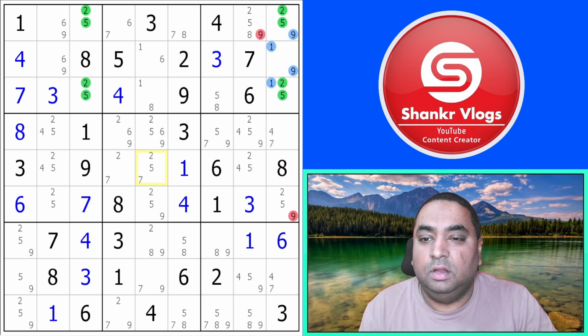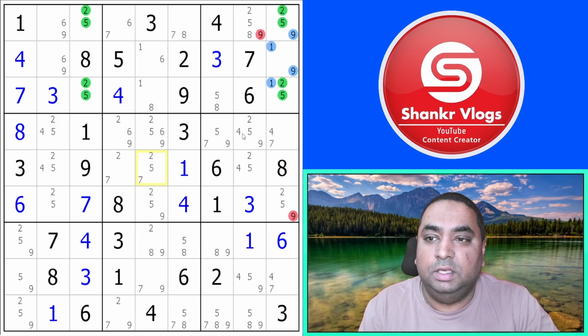Again we will see another example of type 3. Here 2 and 5 are the unique rectangle candidates, UR candidates. If you see the other set of UR candidates, here you can see 1 and 9 are the additional candidates. So these two combined form a single pair, that is 1 and 9.